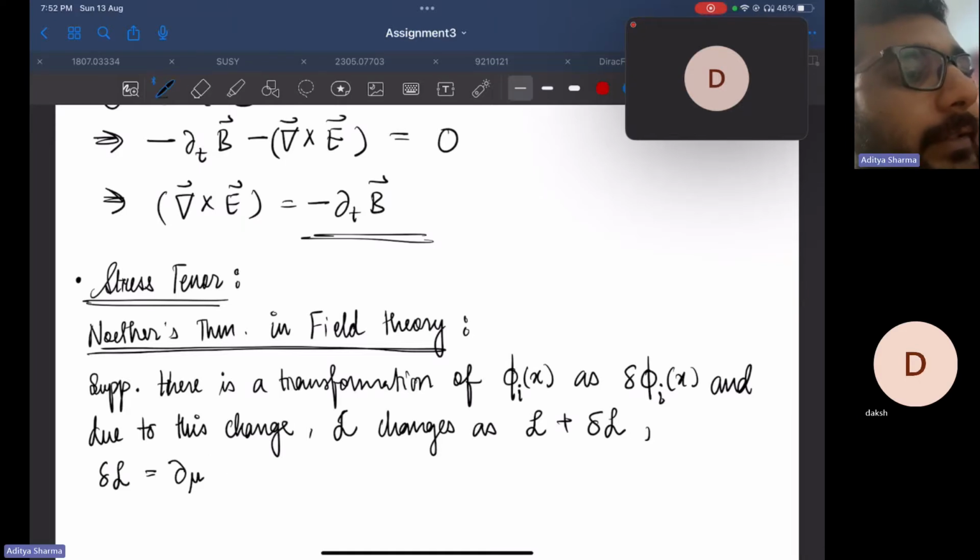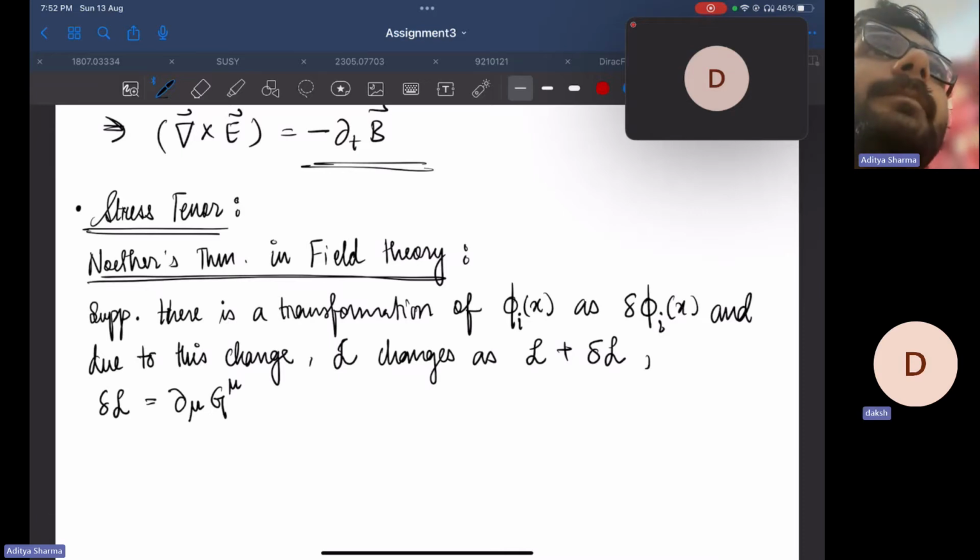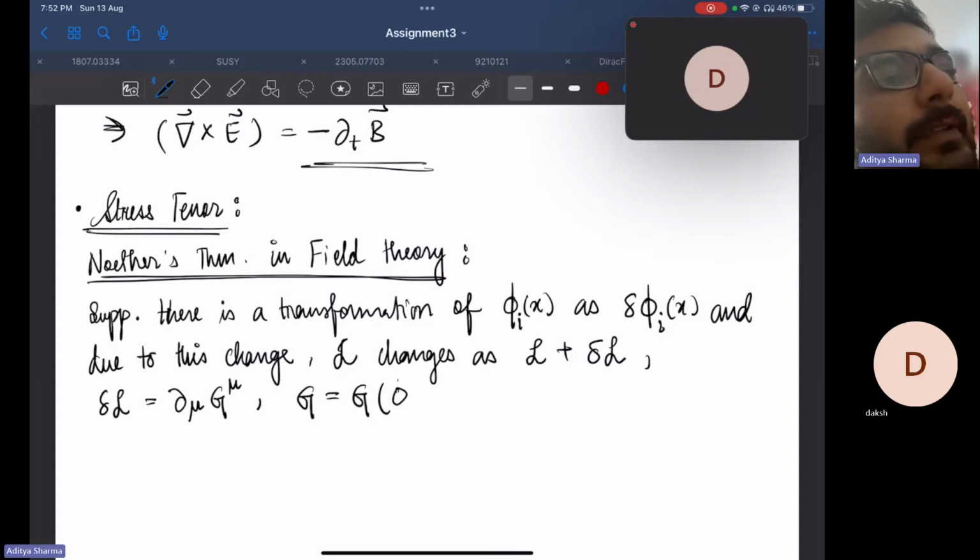Divergence of some function g, where g is a function of the fields.